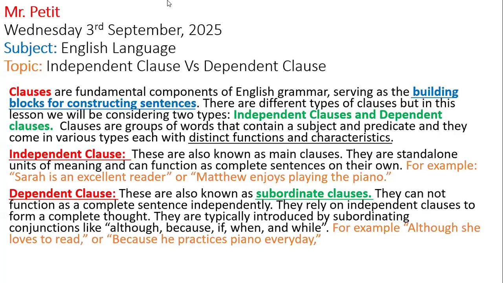They rely on independent clauses to form a complete thought. They are typically introduced by subordinating conjunctions like although, because, if, when, and while. For example, although she loves to read, or because he practices piano every day. Very good.